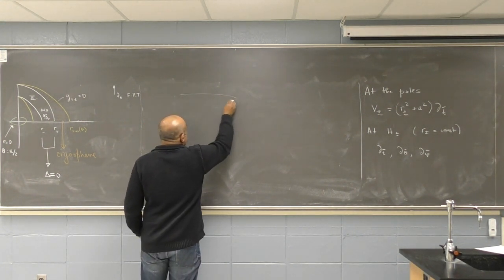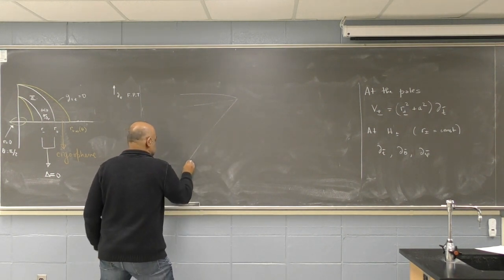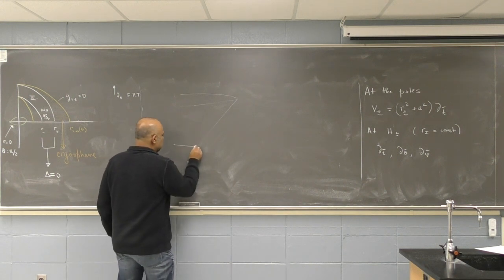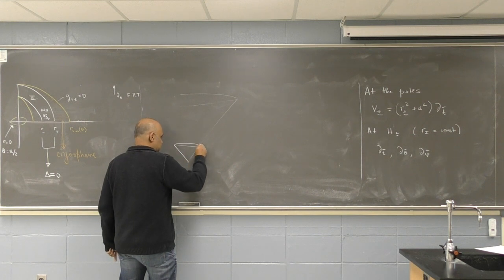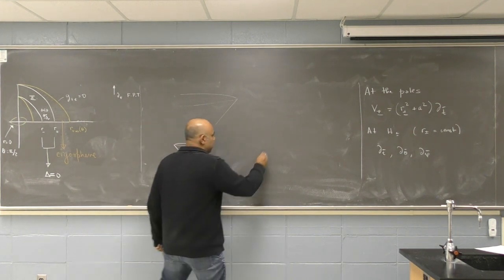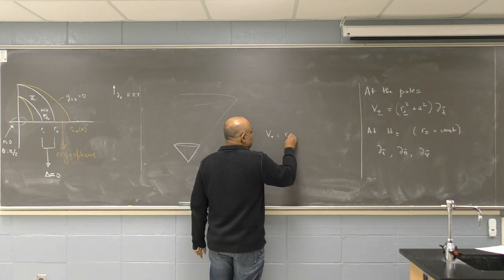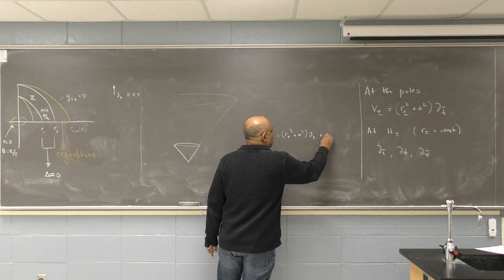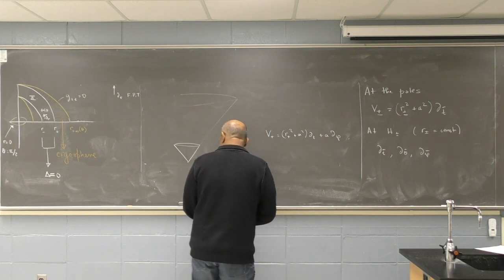So, and then I'm going to draw a light cone. Remember? Let's say V plus. It has a t component and it has a phi component.